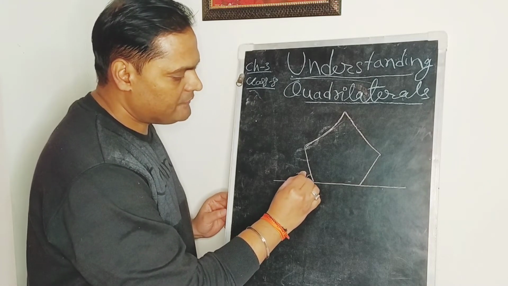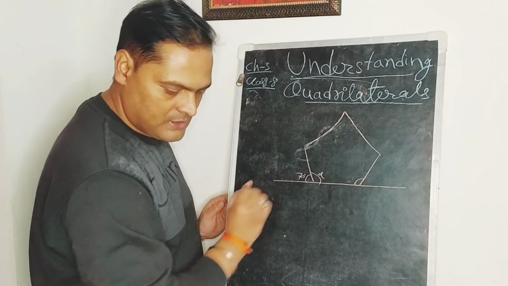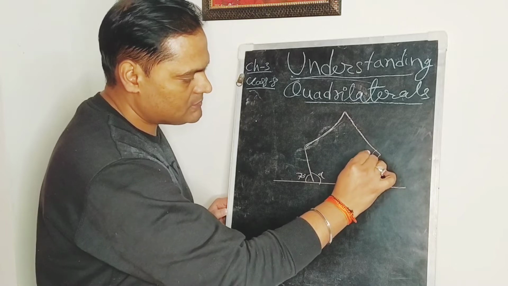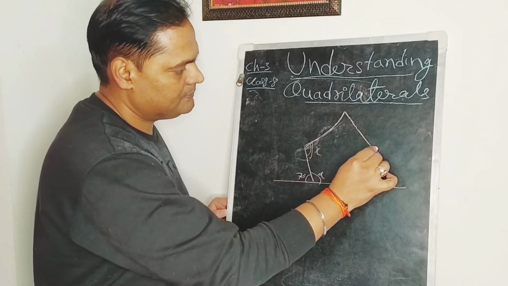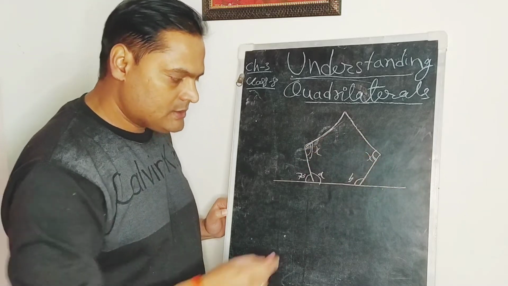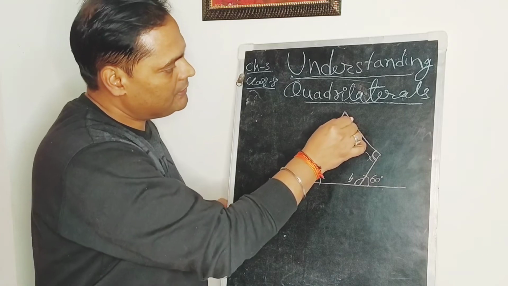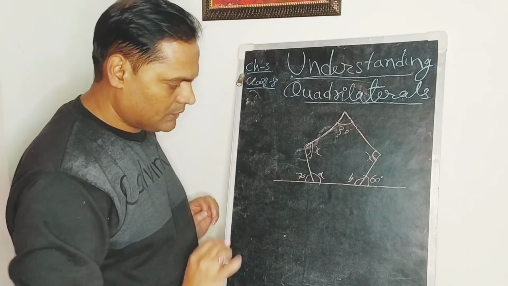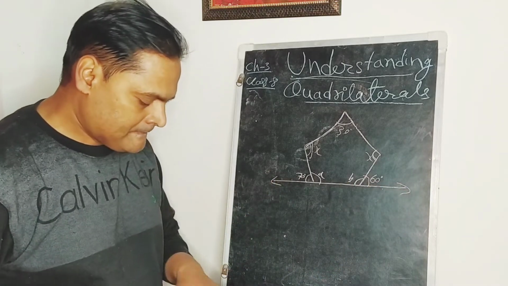This angle is 70 degrees, this is angle A, this is angle B, and this is X, this one is also X, and this is 60 degrees, and here is 30 degrees. Everything is done. These are the rays.